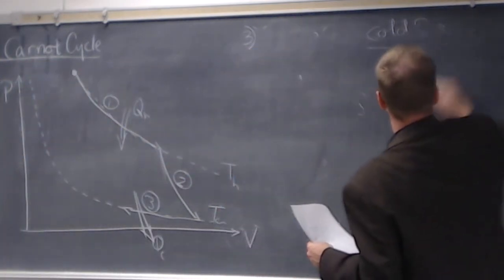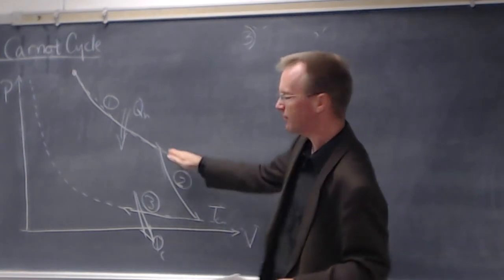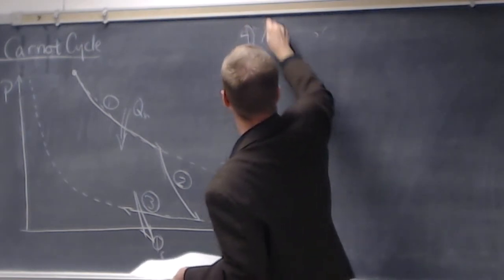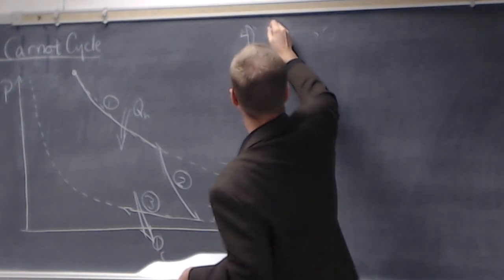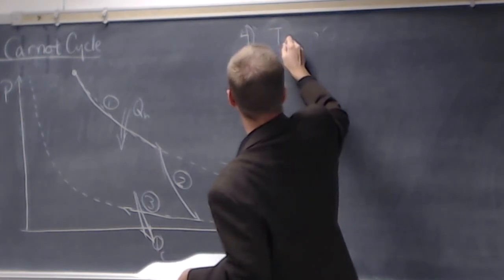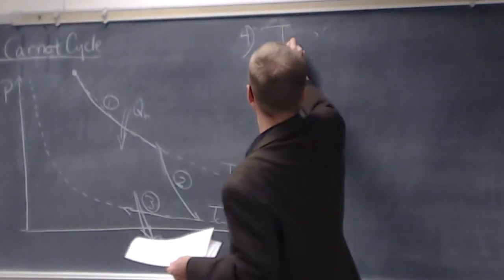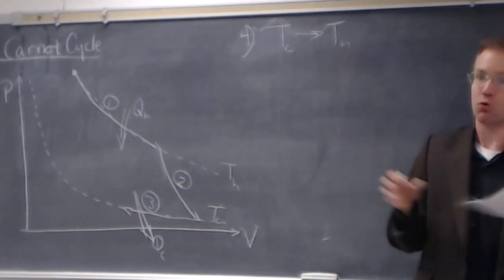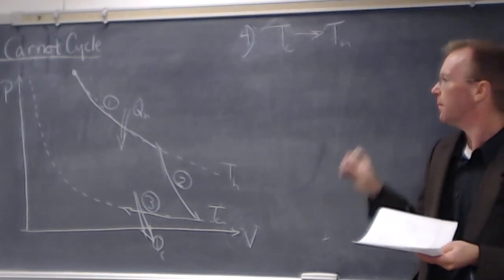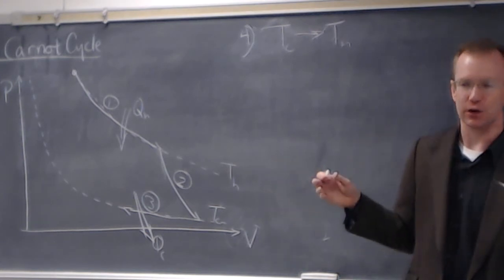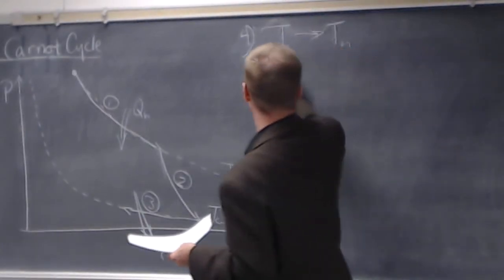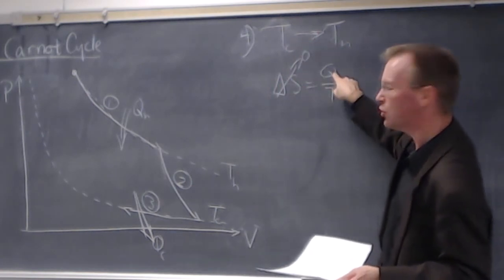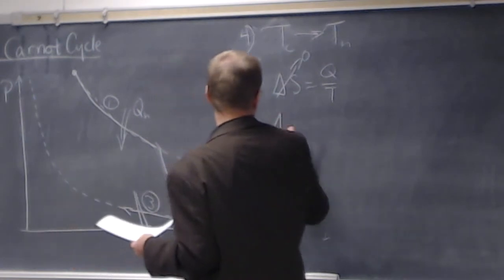Finally, we've got to get our gas back up to the high temperature to complete the cycle and be ready for the next step through. So step 4: we're going to take the gas from temperature Tc back up to Th in preparation for the next cycle. We don't want heat flowing in or out, because we don't want to create any new entropy. We've got to have Q be 0, which means it's adiabatic again.